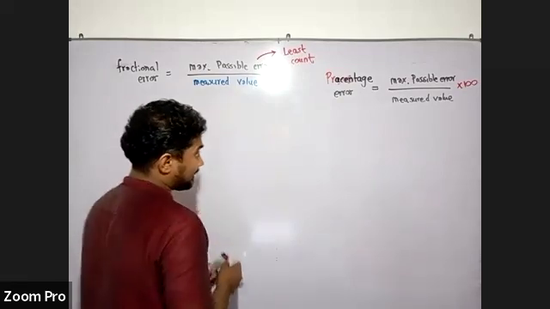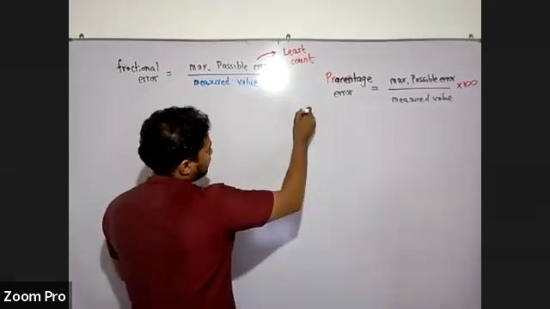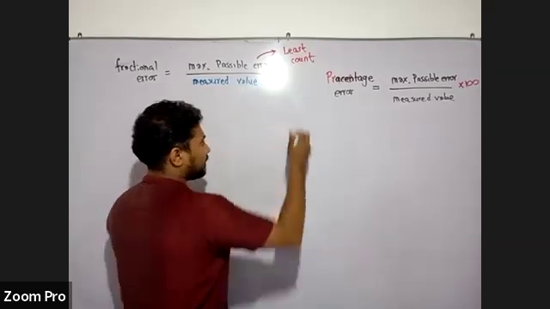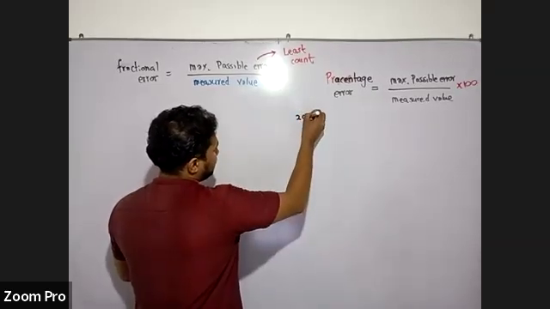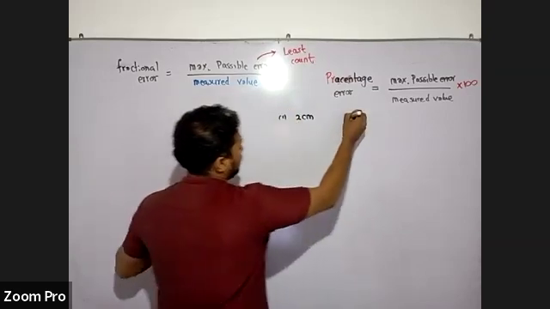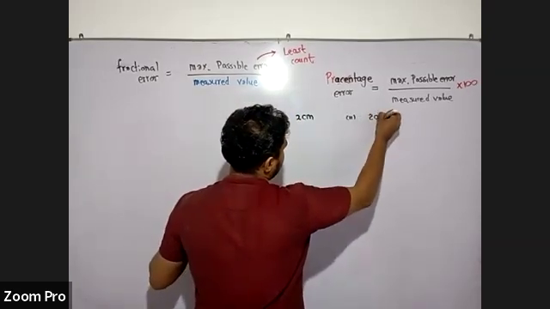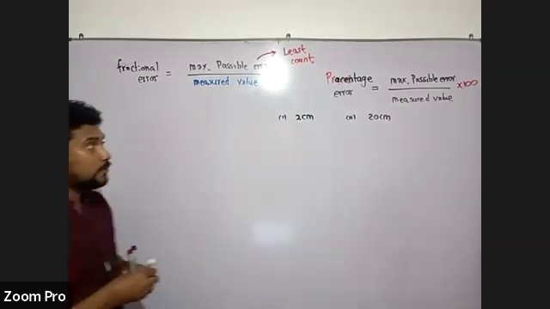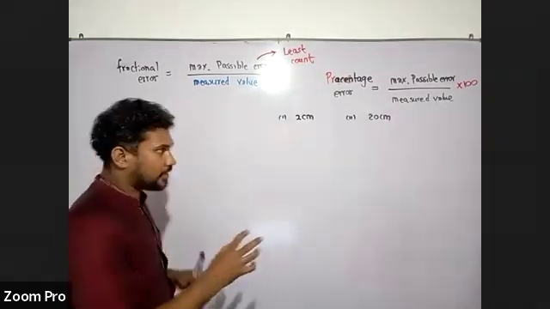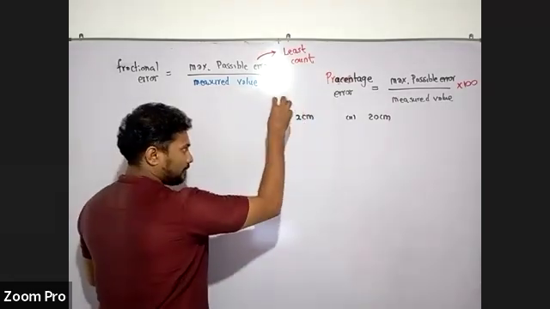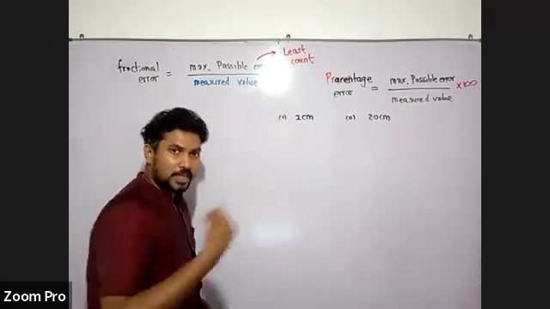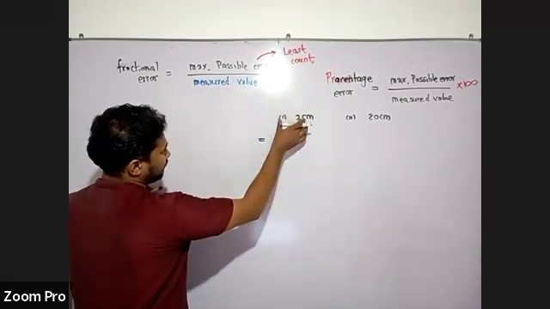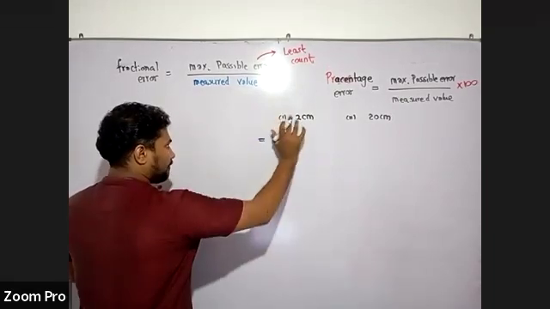As an example, I asked you to find the percentage error when measuring a 2 centimeter value and a 20 centimeter value using a meter rule, right? So how should we find the percentage error when measuring 2 centimeters with a meter rule? Now let's find the percentage error relevant for this value, right?